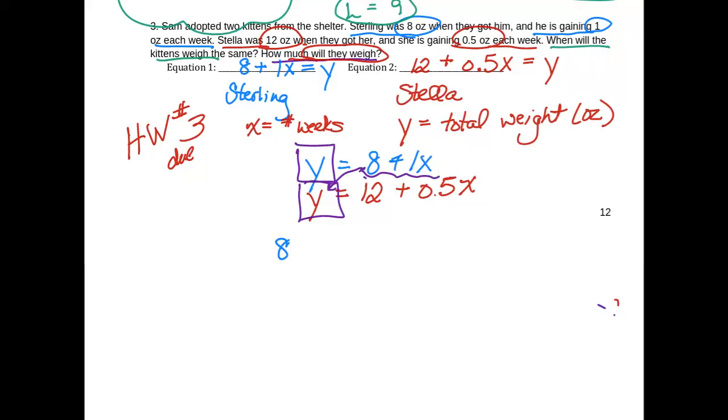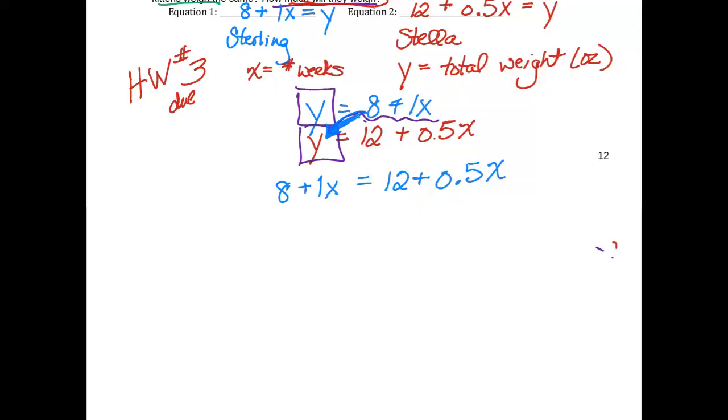We are saying this Y amount, which is 8 plus 1x, is equal to the other Y amount, 12 plus 0.5x. We got x's on both sides. We've got numbers on both sides. We need to get x's to one side. Take away the smaller amount of x.